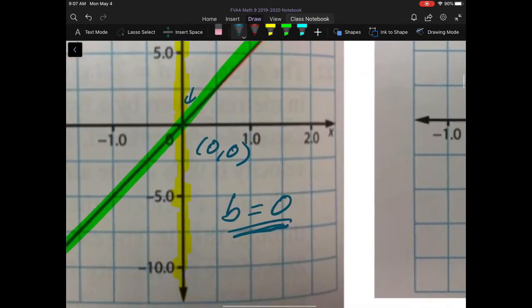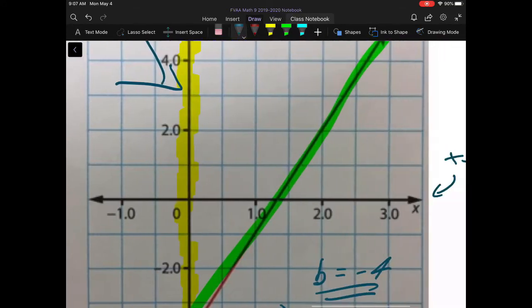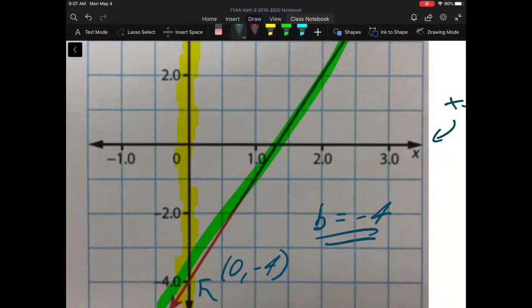Over here, 1 and 1 looks like it's at this position here. Again, that's not found on the line, so that can't be the right graph for it either. And then here, 1 and 1 lands right there and shows up on the line, so that tells me the equation and the graph match.